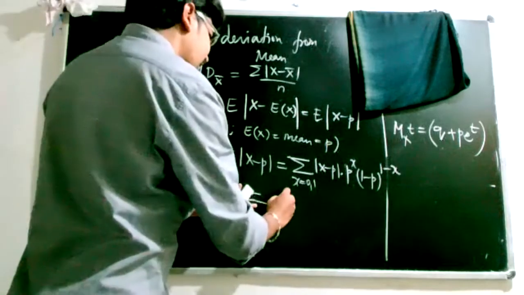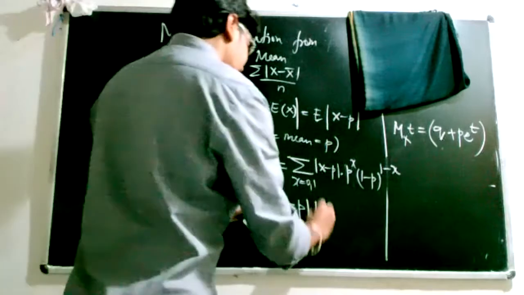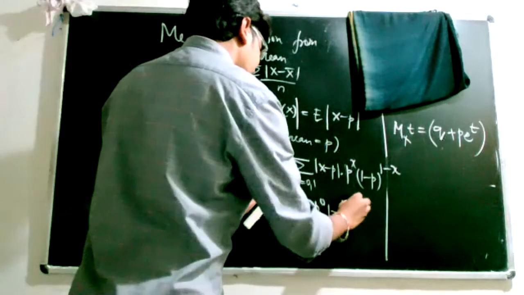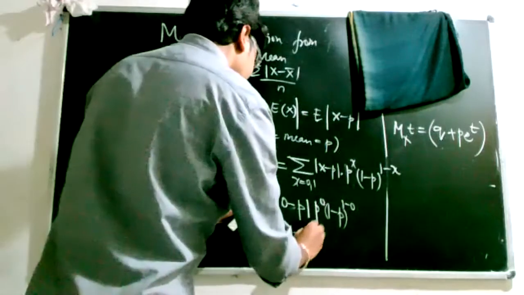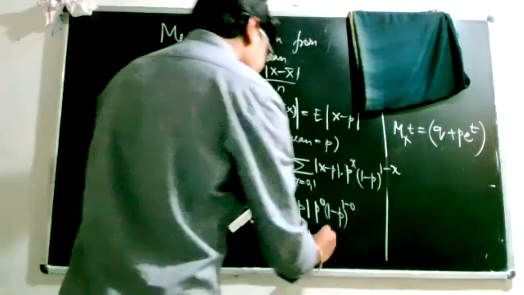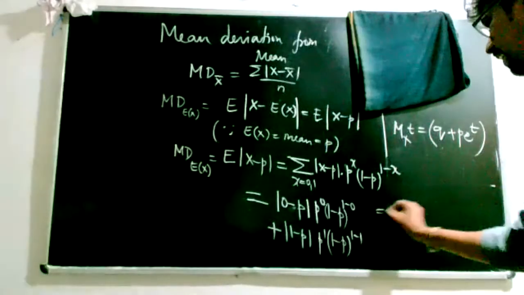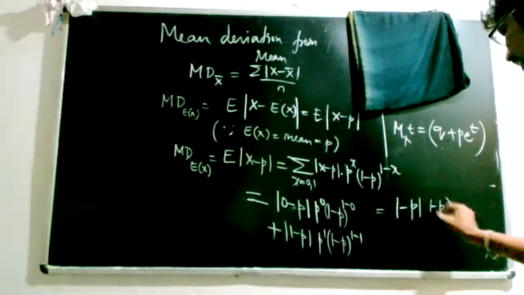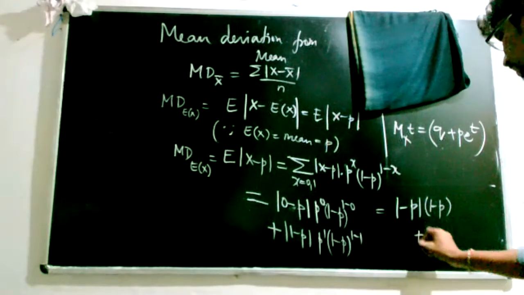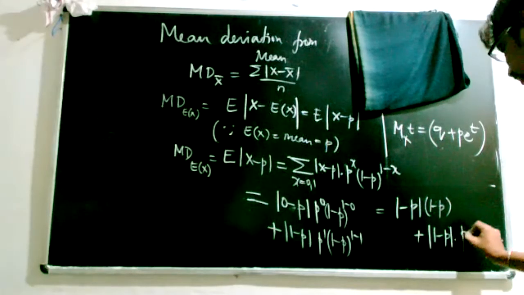So when you put x is equal to 0, you get mod of 0 minus p into p to the power of 0, 1 minus p to the power of 1 minus 0, plus when you put x is equal to 1, you get mod of 1 minus p into p to the power of 1, 1 minus p to the power of 1 minus 1. So you have mod minus p into 1 minus p plus mod 1 minus p into p.